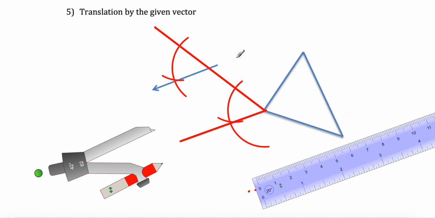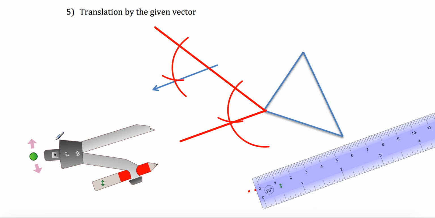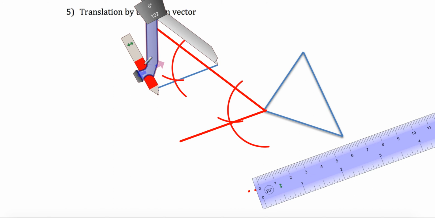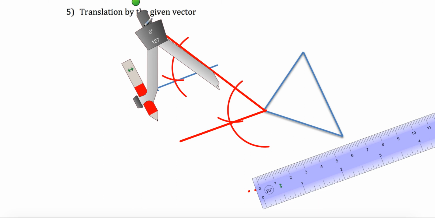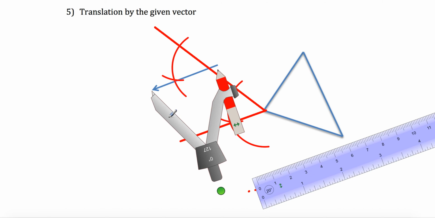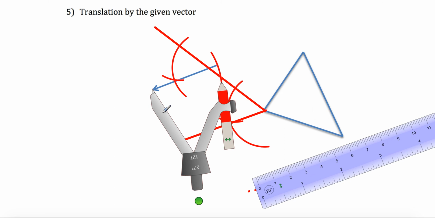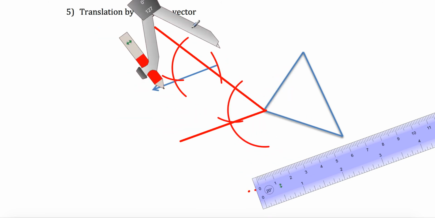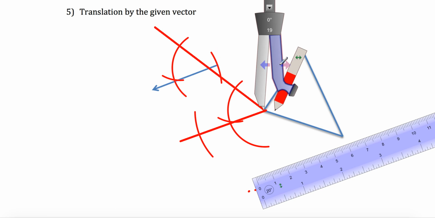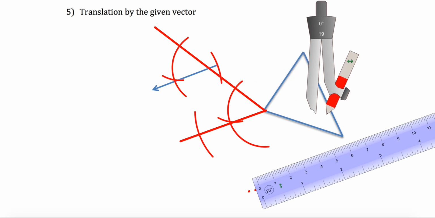All right, and then we just have to copy the length of the vector. All right, that's the length. And draw an arc, and you get to see that. That is our first point.